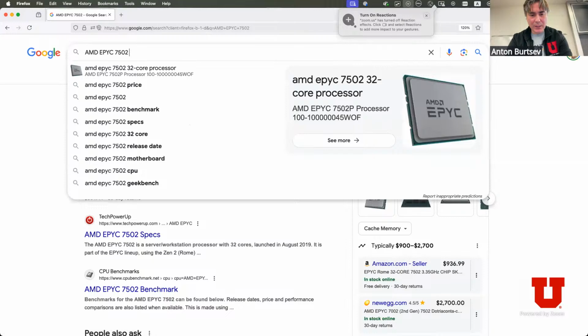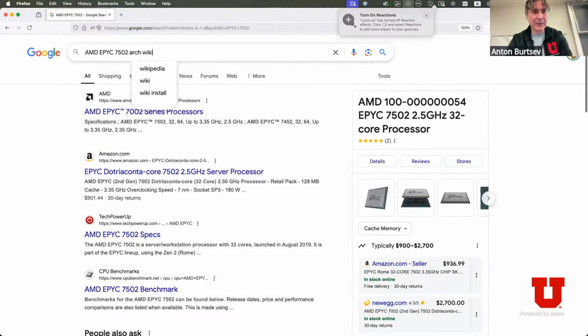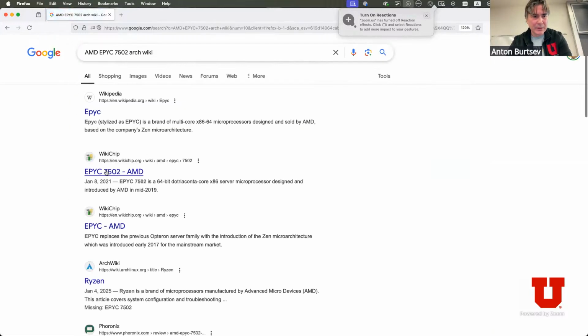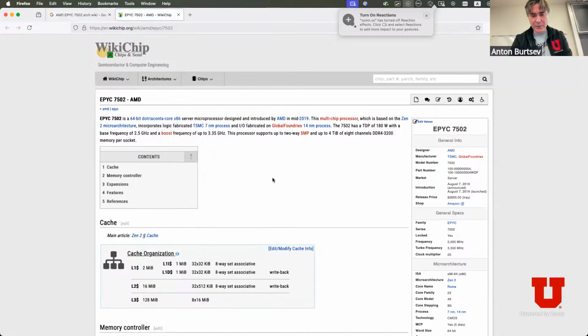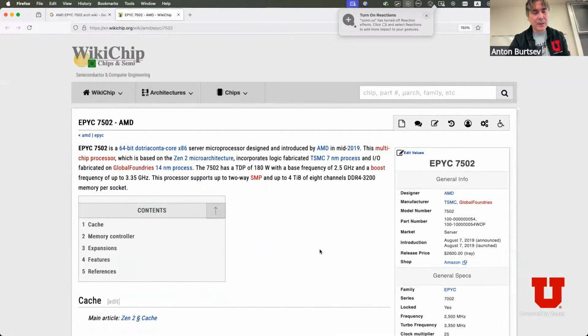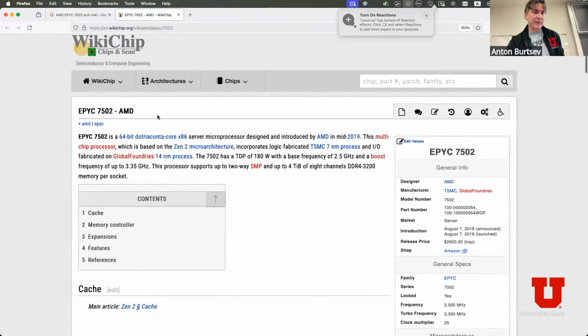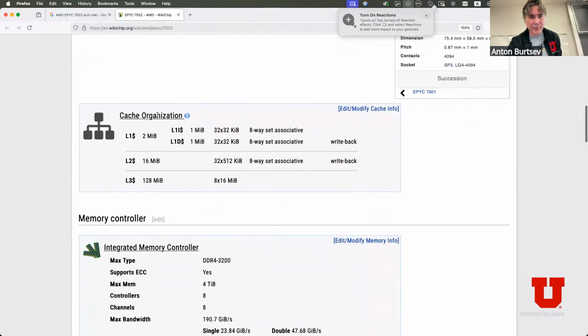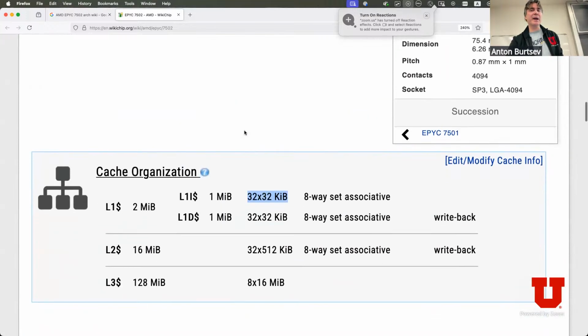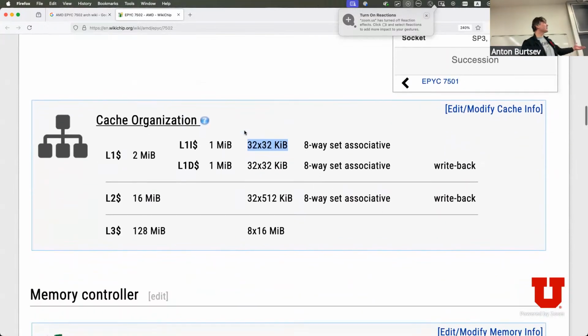So ARK or a wiki exists for Intel, and we will go into this. WikiChip is a good resource, probably the best you can come up with. That's where I was going for Intel as well. For this specific CPU model, it lists L1 sizes carefully, and it says these two numbers, which match my understanding, but somehow we saw a different number.